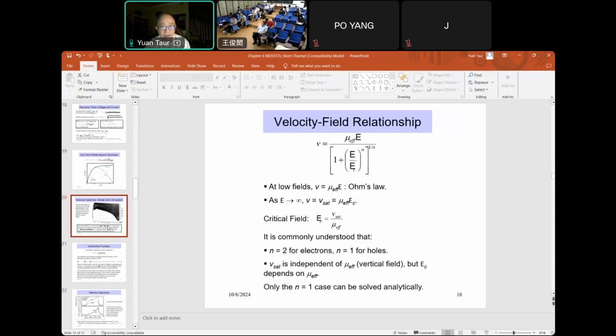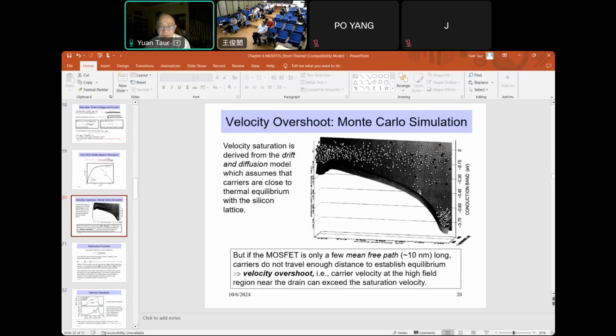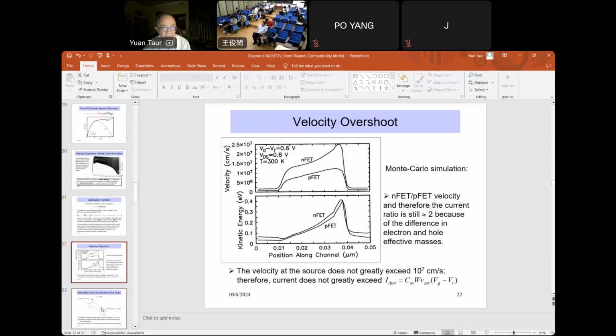And that's the so-called velocity overshoot effect. And indeed, from a Monte Carlo solution, we can see the electron velocity near the drain can exceed 10 to the 7. Okay, this is a 30 nanometer channel length, which is 2.5.